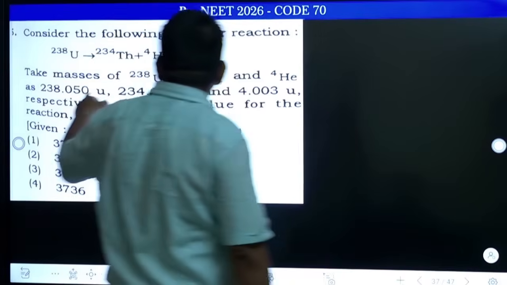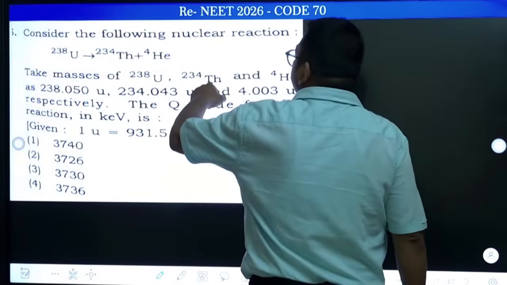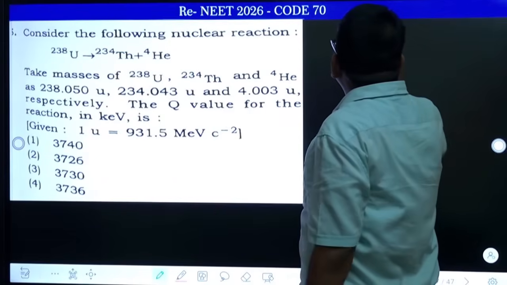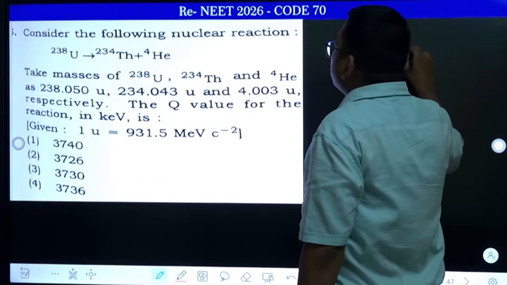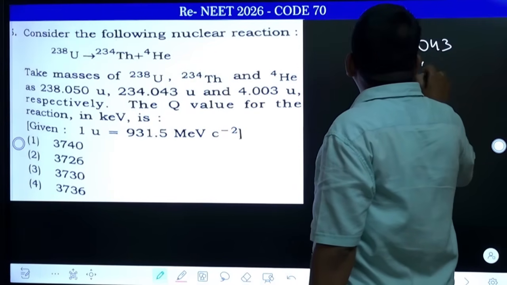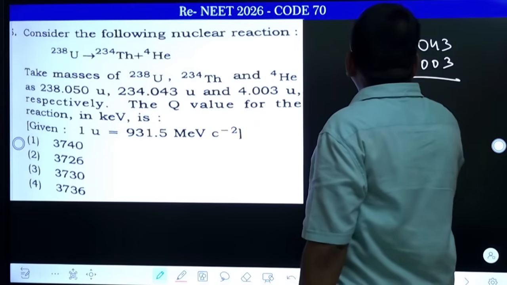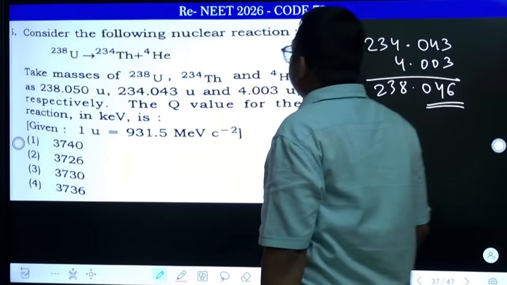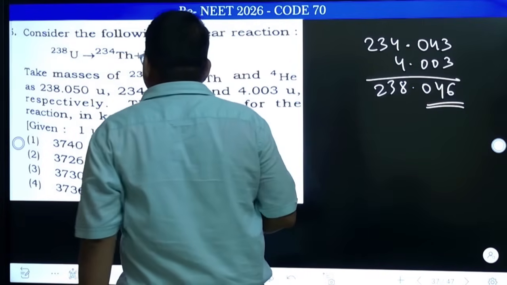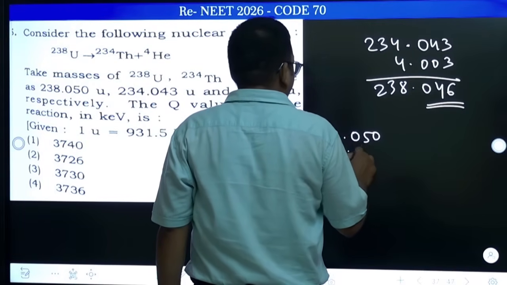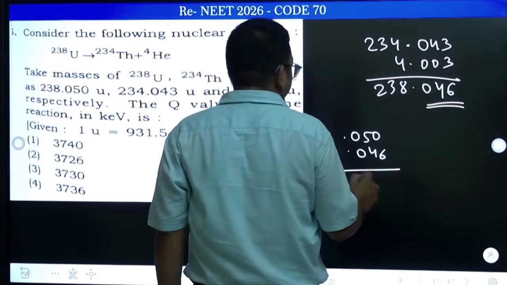The sum of these masses: thorium and helium you add. So 234.043 and 4.003 gives 238.046. This is the difference, right? Here that is 0.050 and 0.046. That's the difference we have to take.